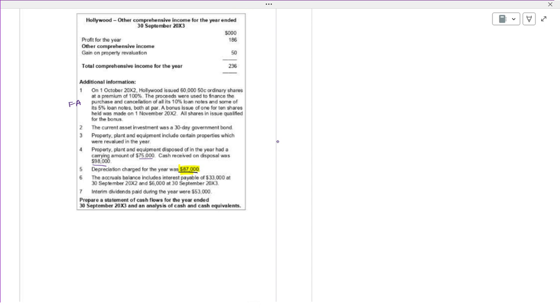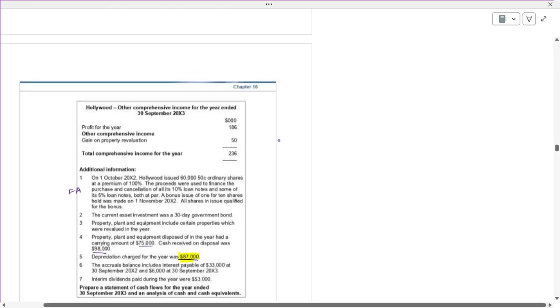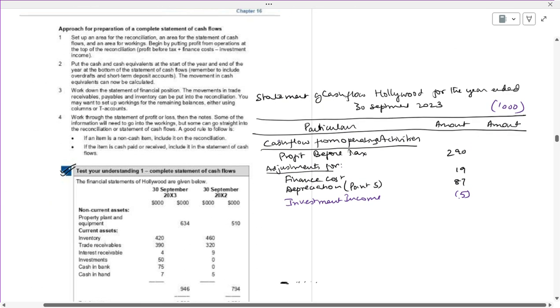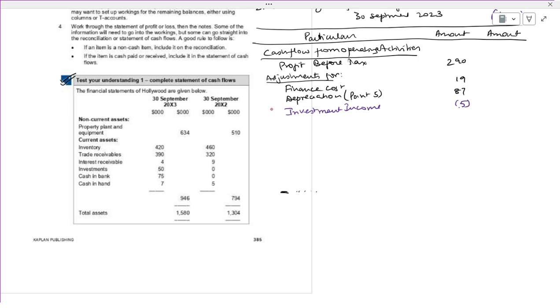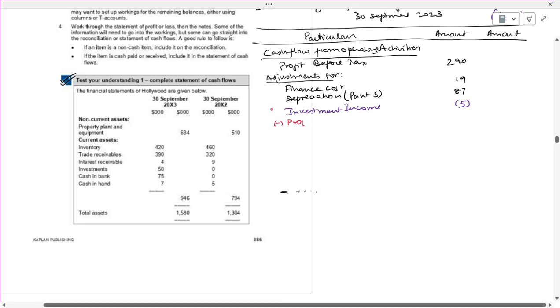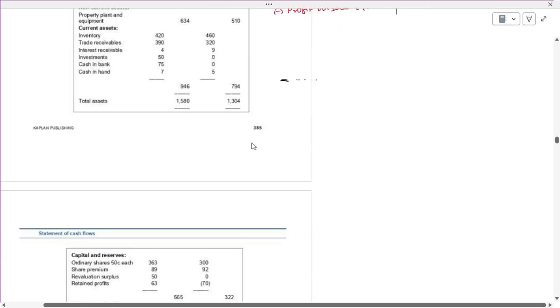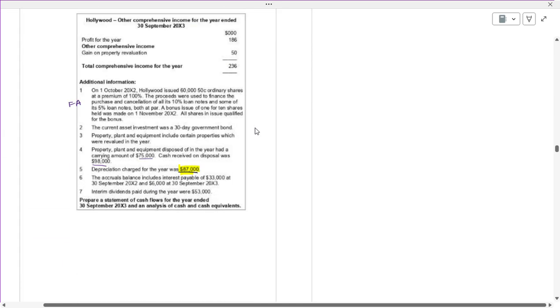We have to minus it, 75 minus 98. No second thought. Minus. Profit on sale is point number 4.